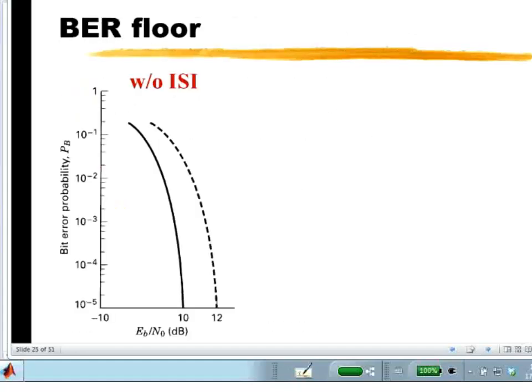Why is intersymbol interference so bad? So let's look at a typical bit error rate curve, which we see illustrated here. And it has here the typical waterfall shape. And if I had a really bad channel, a noisy channel with a lot of noise in it, I would maybe be on the dotted line instead of the solid line.